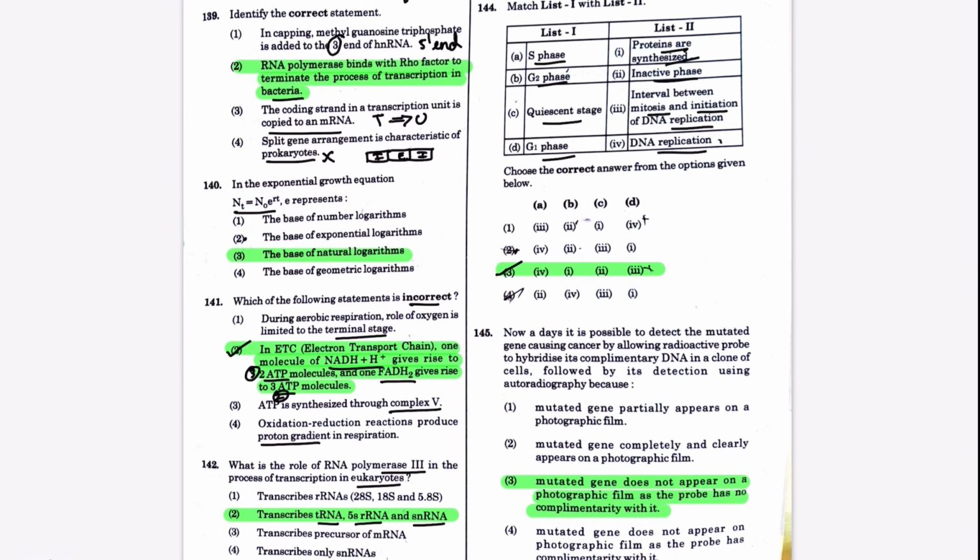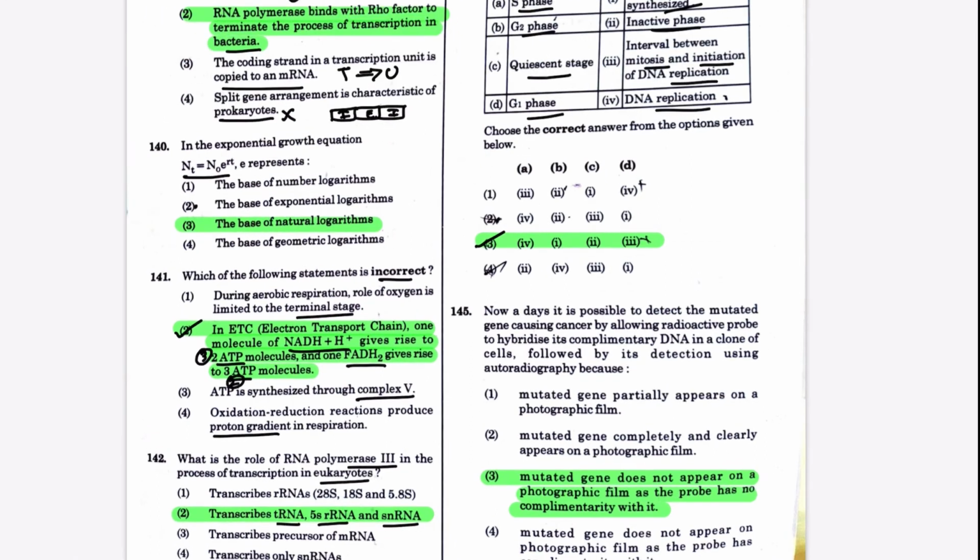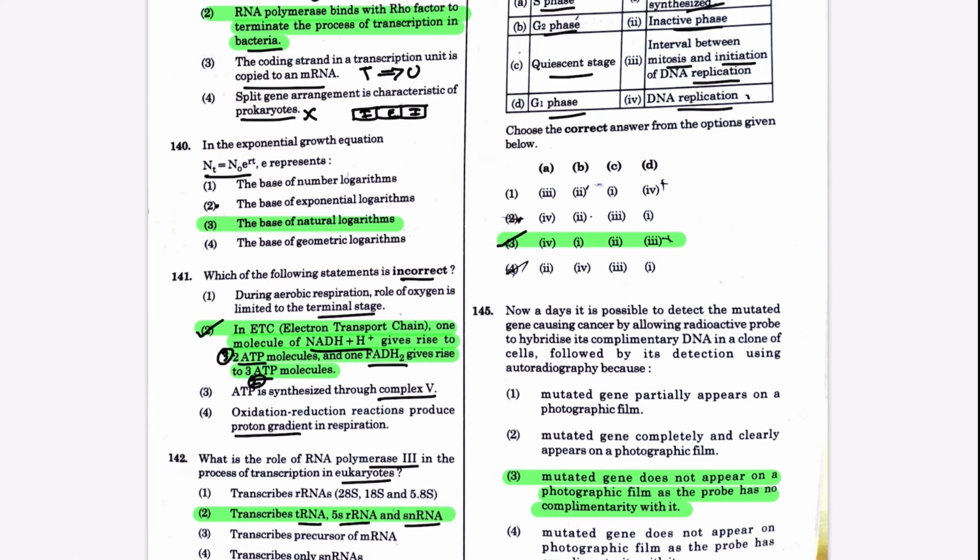Okay, look at the next question. Nowadays, it is possible to detect the mutated gene causing cancer by allowing a radioactive probe to hybridize with its complementary DNA in a clone of cells, followed by its detection using autoradiography. We know that if any gene is mutated in our body, it will not be shown on the photographic film.